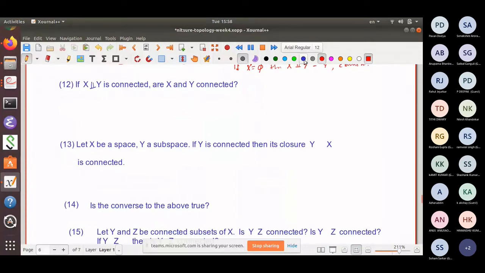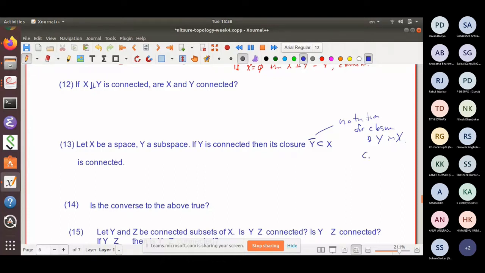Now, let's come to question number 13. I have to introduce some notation. This is my notation for the closure of Y. You know, this notation is somewhat ambiguous because it doesn't make any reference to what X is.